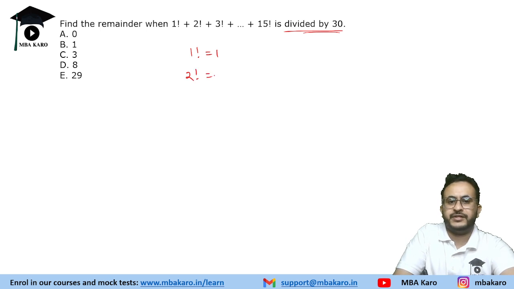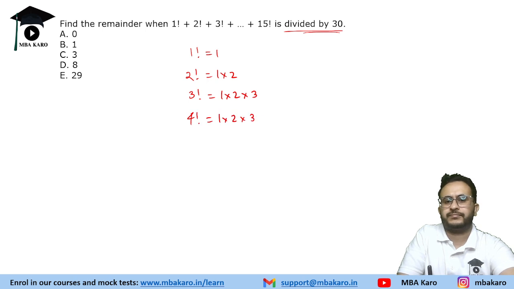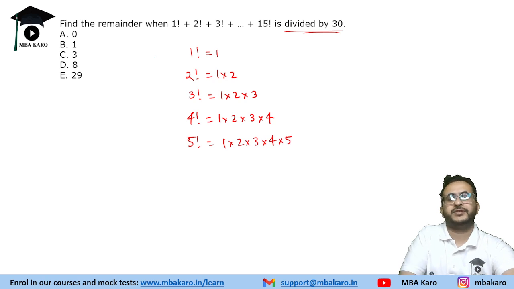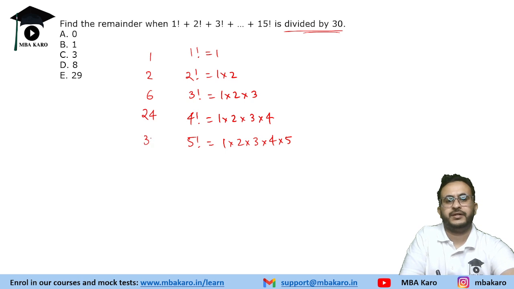So 2 factorial is 1 into 2. 3 factorial is 1 into 2 into 3. 4 factorial is 1, 2, 3, 4. 5 factorial is 1, 2, 3, 4, 5. The values are 1, 2, 6, 24, and so on. 120. 6 factorial is 720.